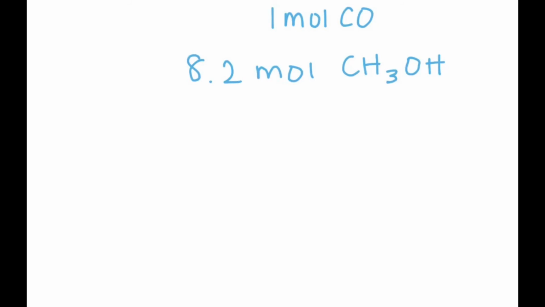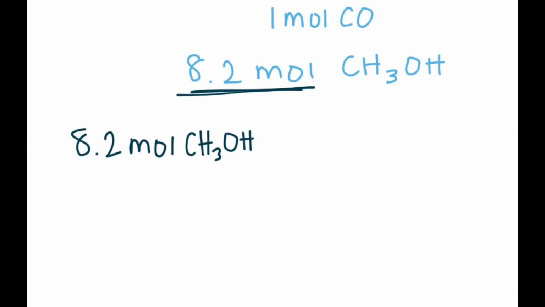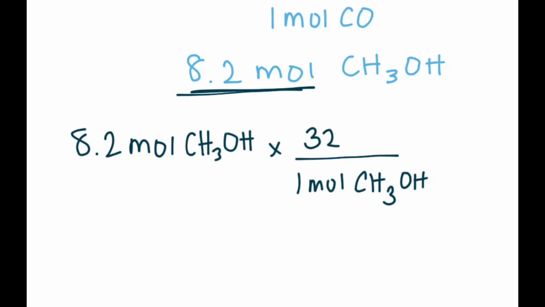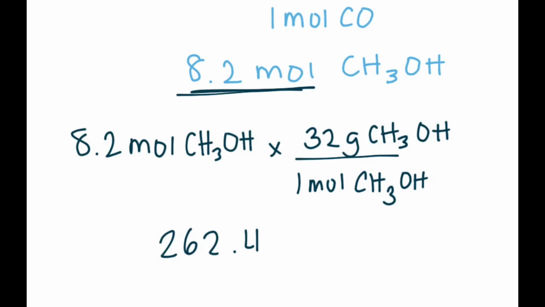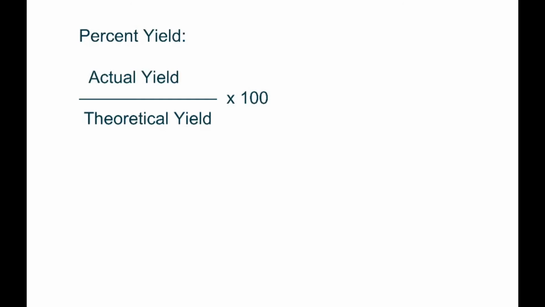You take the amount given, which would be 8.2, and calculate that 1 mole of methanol is equal to 32 grams. So with this, you calculate that the mass of methanol produced by the reactants is 262.4 grams.